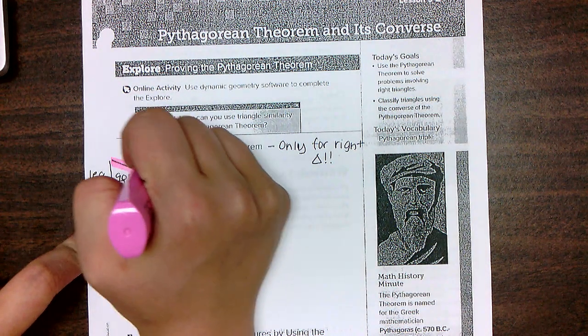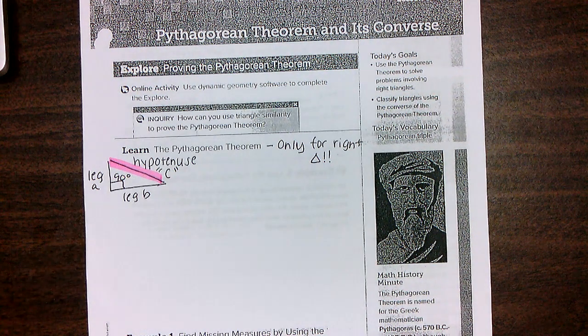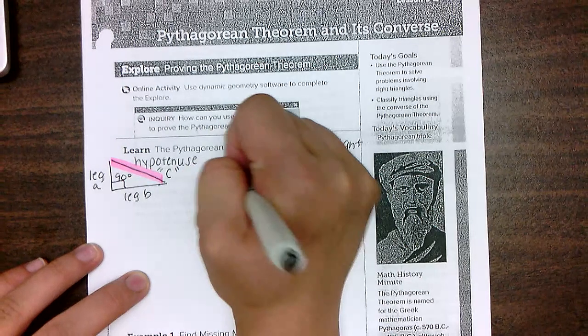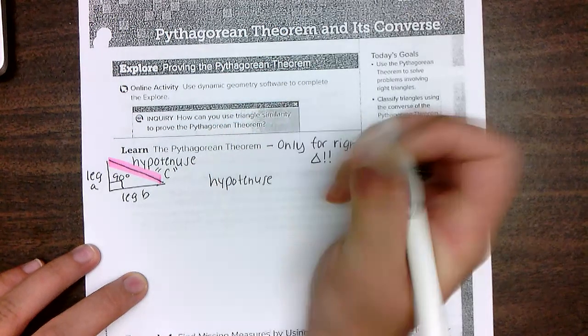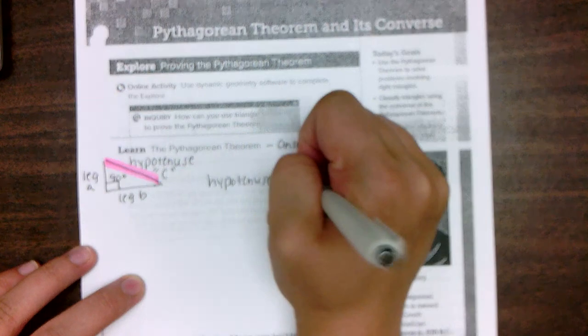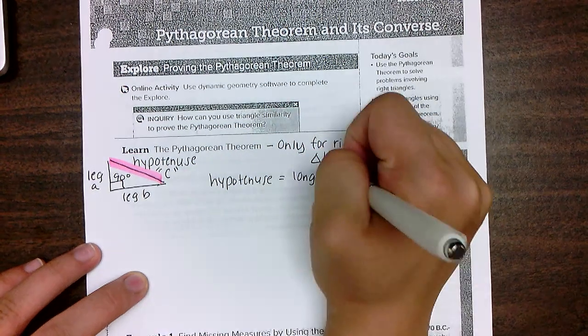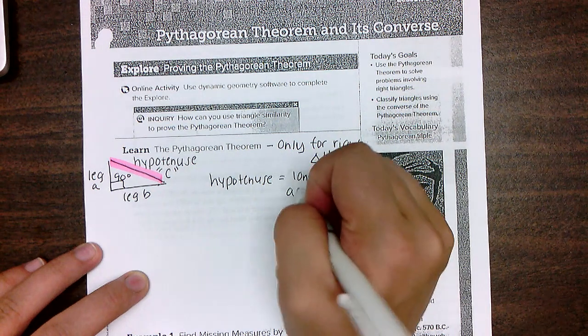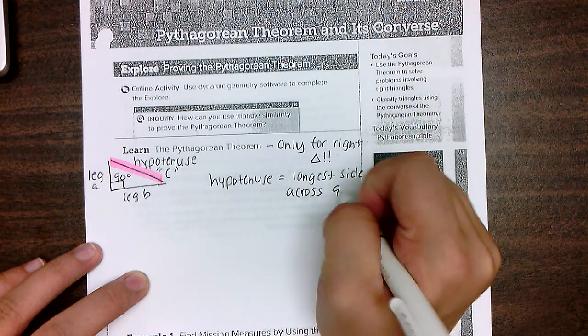So I'm going to highlight the hypotenuse right here actually. So let's make note of that. Your hypotenuse is always the longest side across the 90-degree.